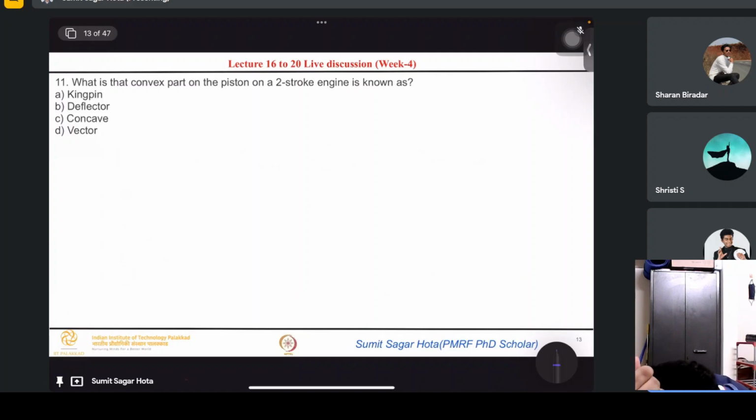What is that convex part on the piston of a two-stroke engine known as? The convex part is known as the deflector.